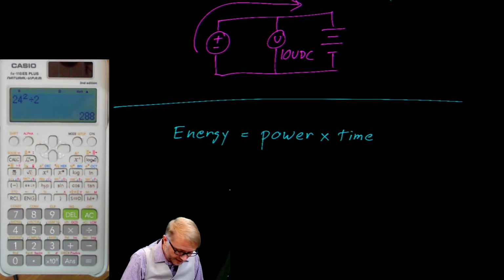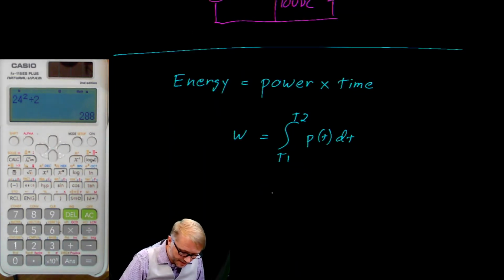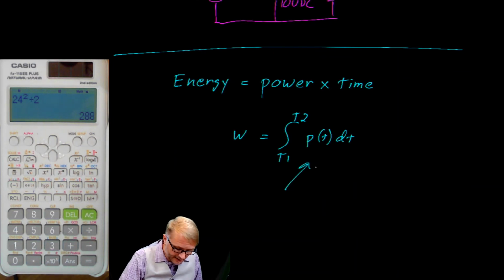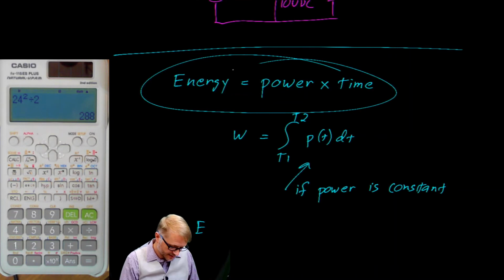If we were in calculus, we would say that the energy is equal to the time integral from time 1 to time 2 of the power dt. Now, something to note, if power is constant, this simplifies back to what we originally had, where we said that energy is equal to power times time.